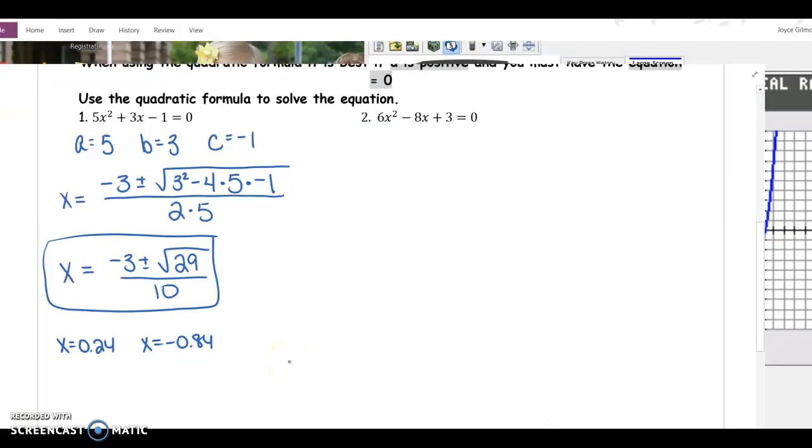Number 2, let's start number 2. What is our a value? 6. B is negative 8. C is 3.